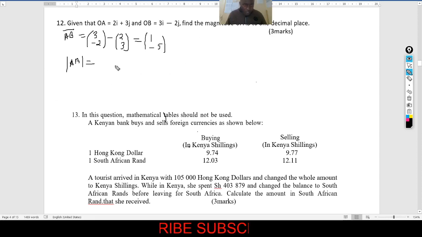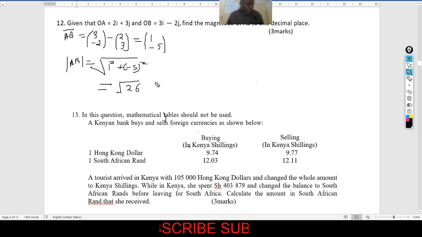So it is the square root of 1 squared plus negative 5 squared, which equals the square root of 26. 1 squared is 1, and 25 plus 1 is 26.